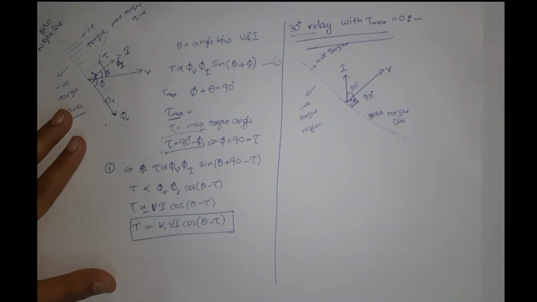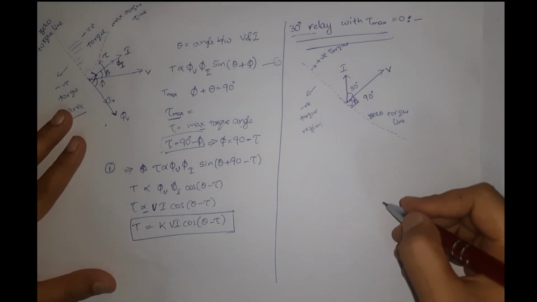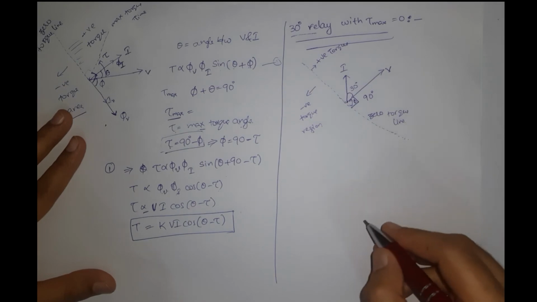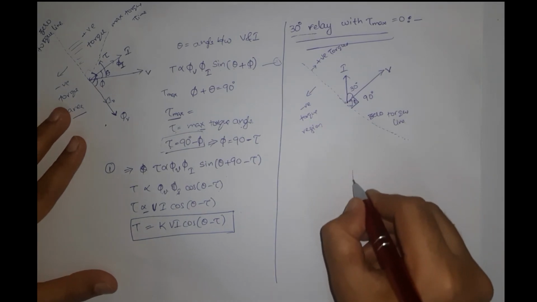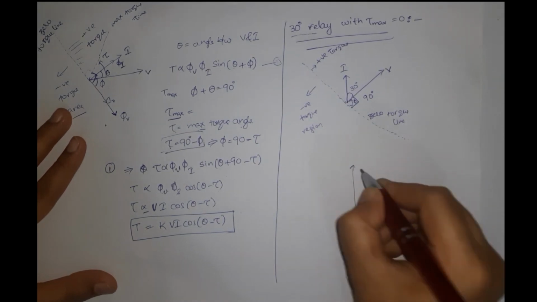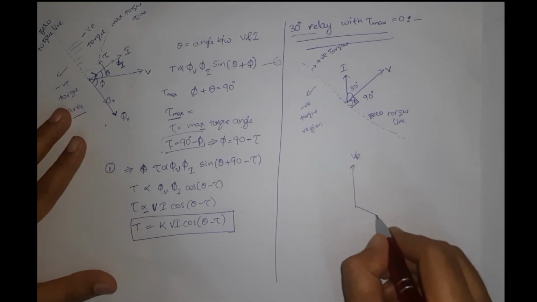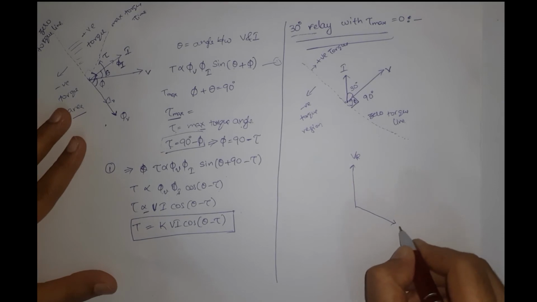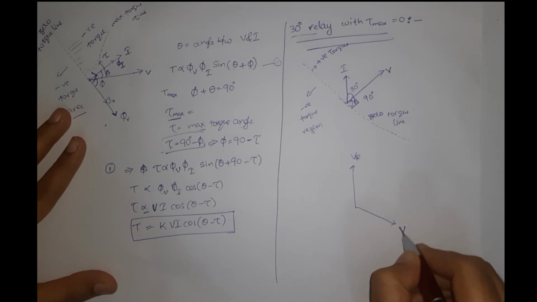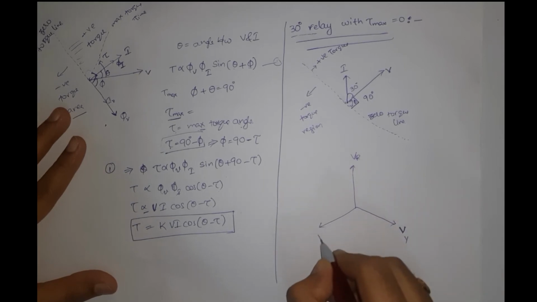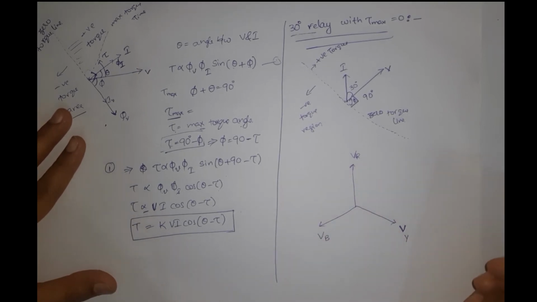Fine. So now let us see how we get this 30 degrees leading. Let me draw the voltages supplied to the three phases, that is VR, VY, VB, right?